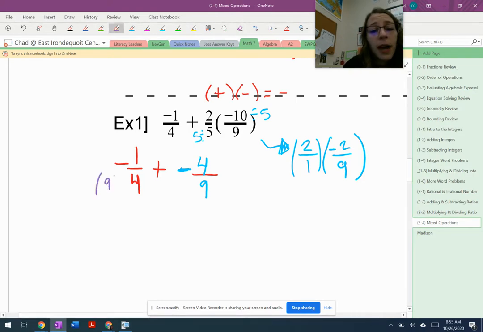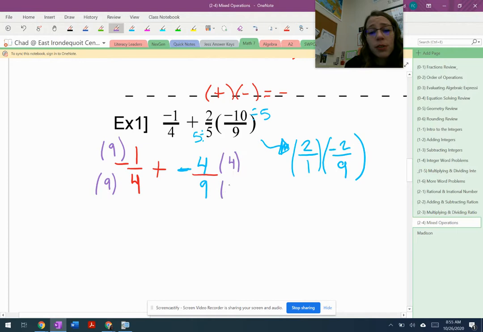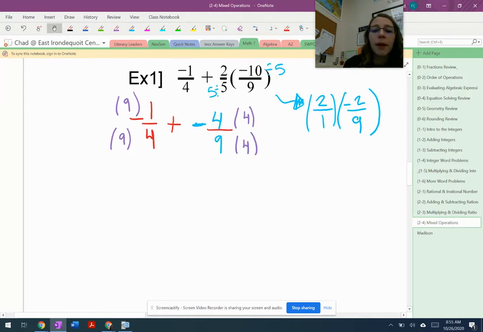So I'm going to multiply the first fraction, the negative 1/4, by 9, because that's the denominator of my second fraction. And again, I'm multiplying both the top and the bottom of that fraction by 9 to keep it equal. And then on the other side, I'm going to multiply both the numerator and the denominator by 4, because that's the denominator on my other fraction.